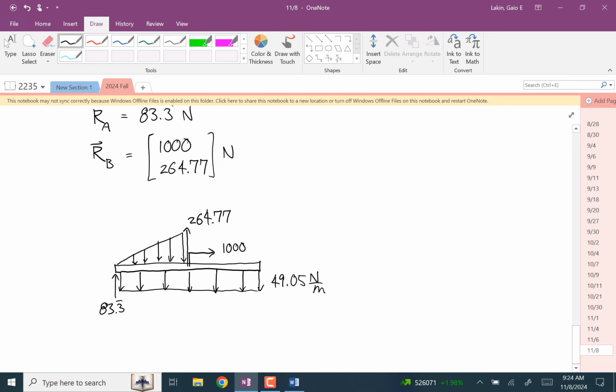And what was that triangular value? Did I say 500? So this goes up to a value of 500 here. Okay.